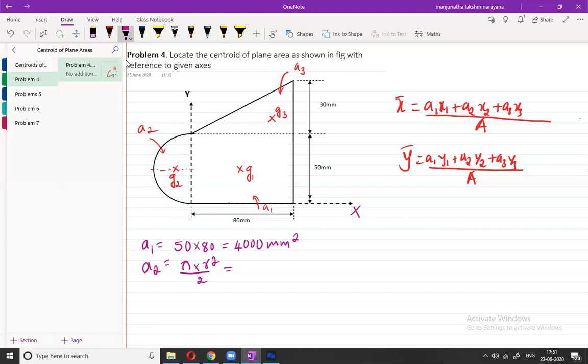You can see here that this entire 50 forms the diameter, therefore the radius will be equal to 50 by 2. So therefore pi into 25 square divided by 2. This is the area.